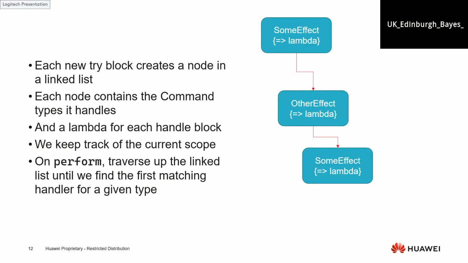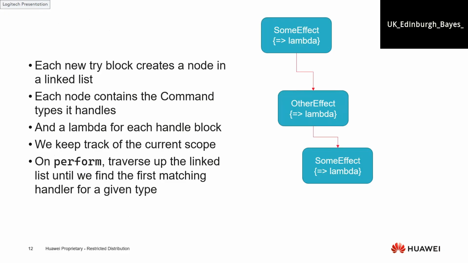Anyway, I've talked about resolving the handlers. So how does that work? This is common to both the deferred and immediate implementations. When we perform an effect, how do we resolve the handler that we want to run?